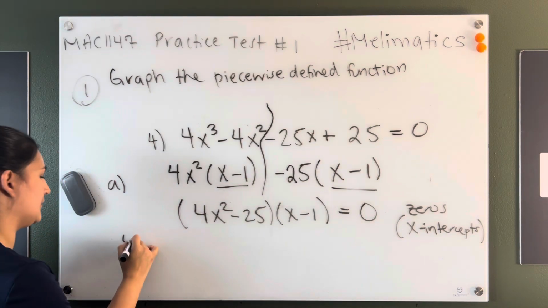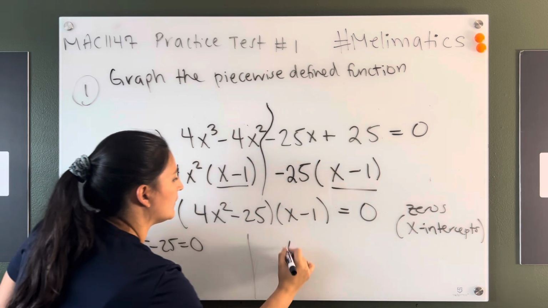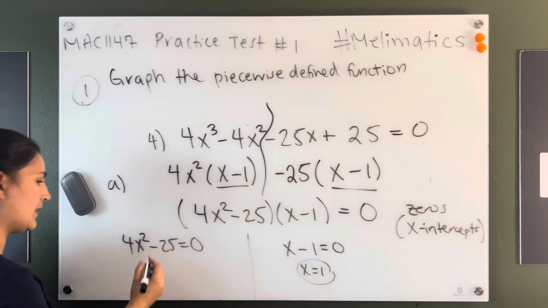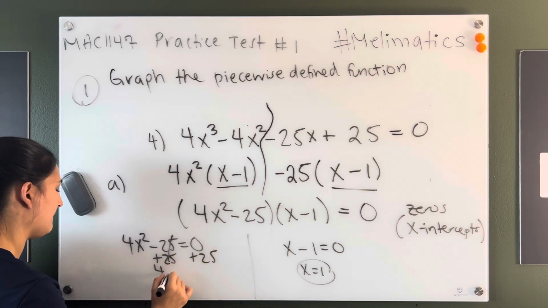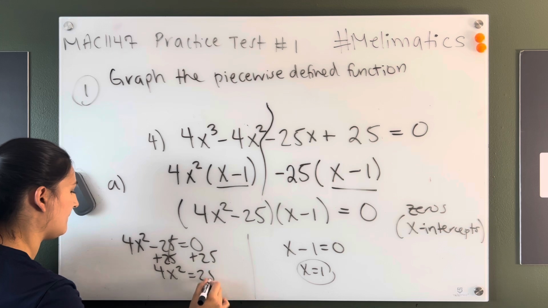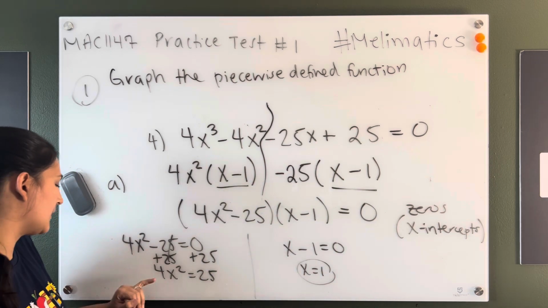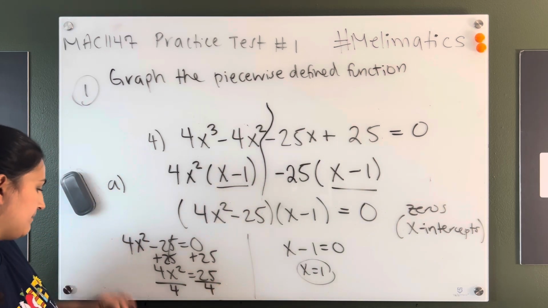Alright, so let's set the first one equal to 0, and then we'll set the second one equal to 0. It's easy to solve. I'm adding 25, then I'm going to divide by 4. We don't have to cancel out opposite operations.